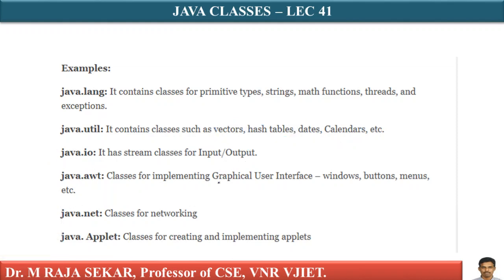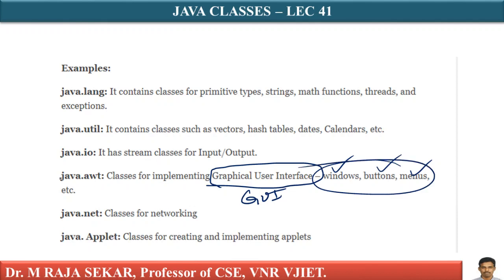This is a package which is useful to create GUI related programs, graphical user interface. It has classes which are useful for building graphical user interfaces. You can create windows, buttons, and menus. All these can be created using the classes available in the AWT package.